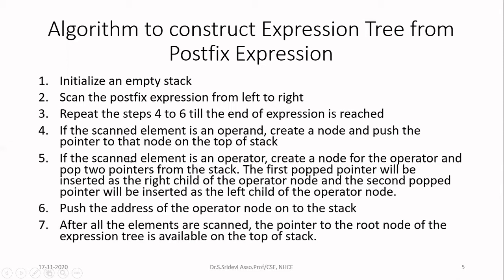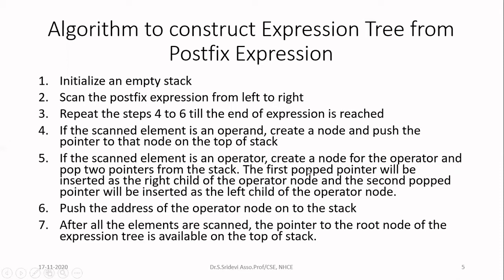Suppose if the scanned element is an operator, then we will create a node for the operator and we will pop 2 pointers from the stack. The first popped pointer will be inserted as a right child of the operator node, and the second popped pointer will be inserted as a left child of the operator node.